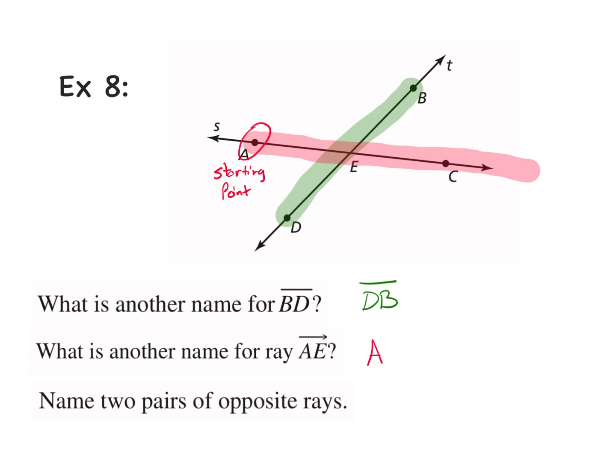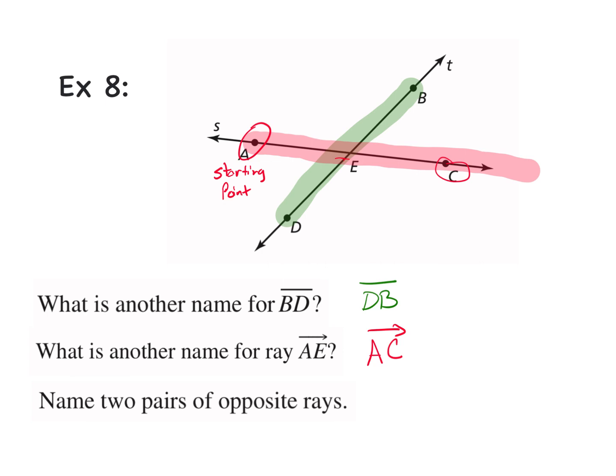So we know it's going to be A, but we need to see what it passes through. They already used E, so we need to look at the next point that it passes through, and it's C. Okay, so it starts at A and it goes through C, and that's still talking about the same ray. So it's ray AC.